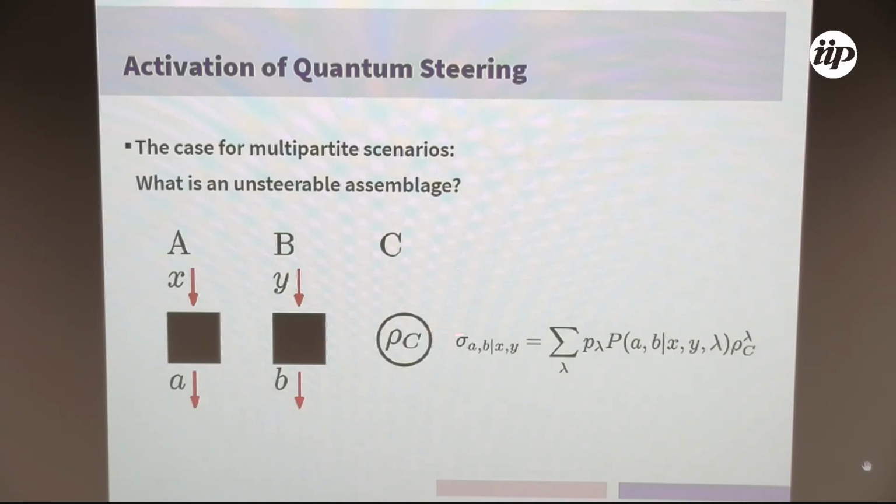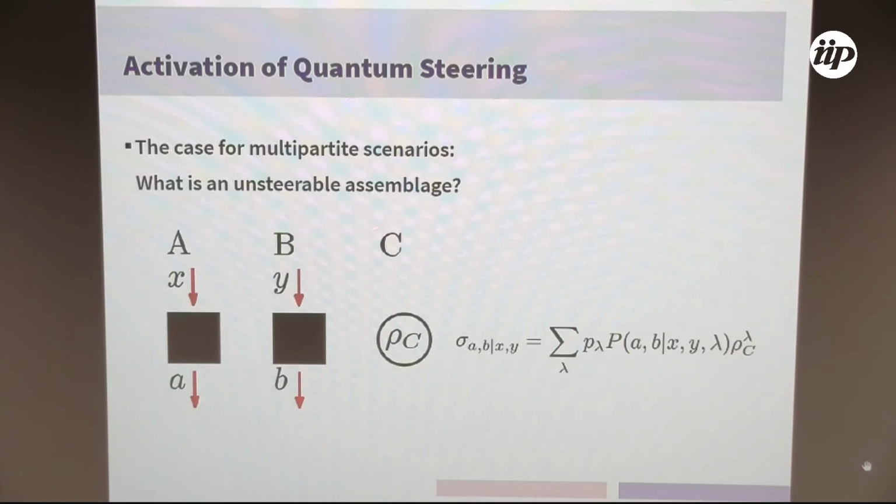So here we have this problem. If I have more than two parties, how can I define what is a steerable or unsteerable assemblage? How can I say that in this situation we have a non-local resource or not?